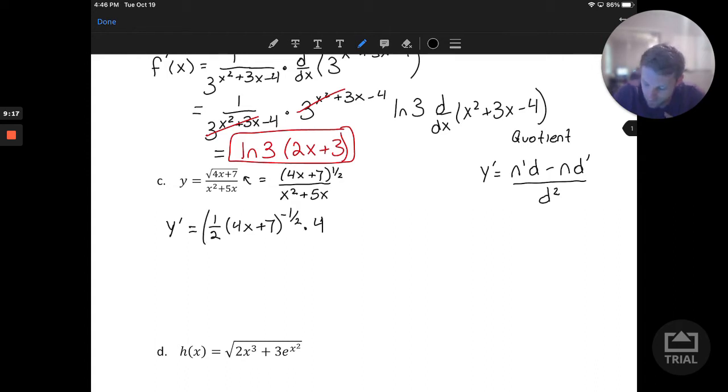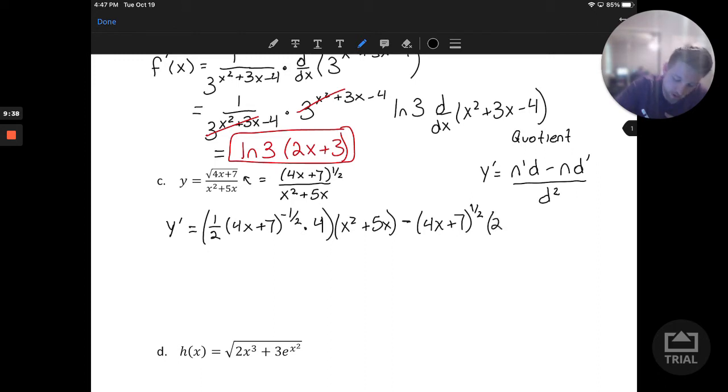I want to take this, multiply by my denominator. Subtract the numerator times the derivative of the denominator. So that would be 2x plus 5.